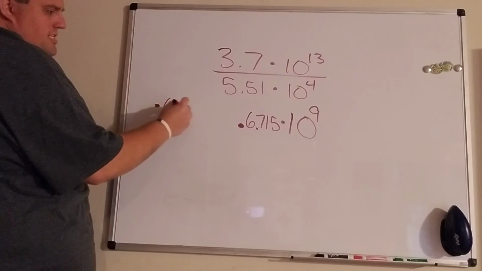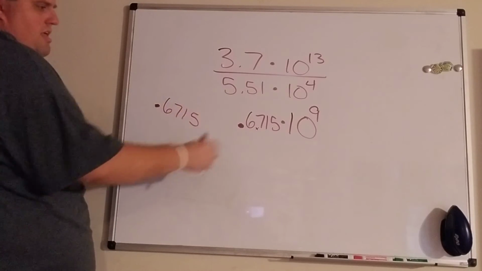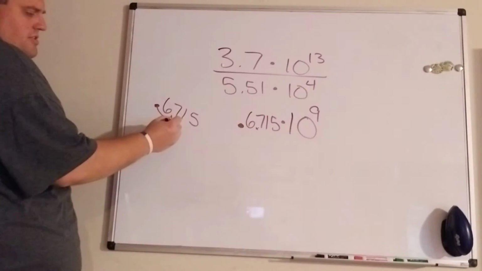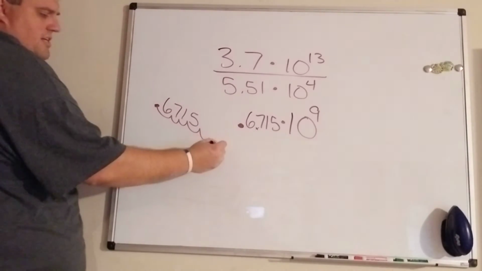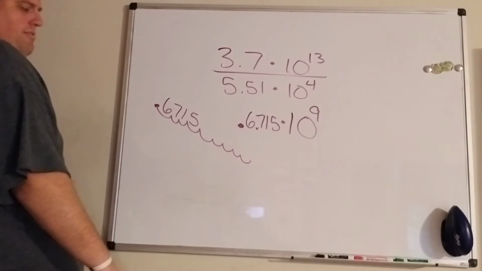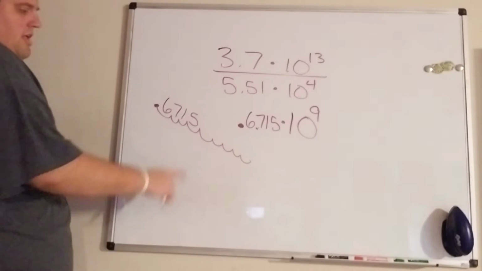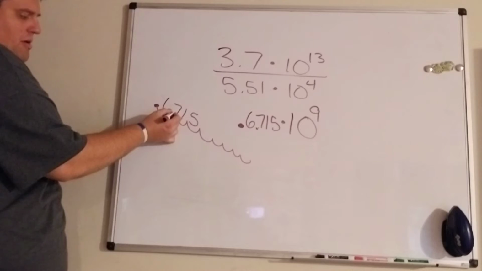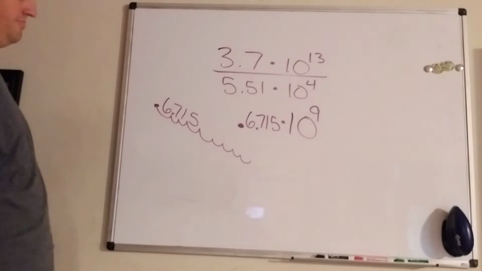So I have 0.6715. And this was 10 to the 9th, so that means move it 9 spaces. 1, 2, 3, 4, 5, 6, 7, 8, 9 to the right. These are all zeros, right? But really, I want my decimal to go after the 6.